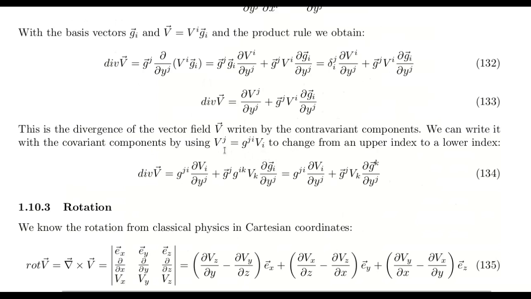And so now we substitute V contravariant by using the contravariant metric tensor and the covariant components of V. So we have here this differentiation of V with respect to y. Yeah, and an additional metric tensor. And in the second addend, we have, instead of V contravariant, V covariant and the metric tensor.